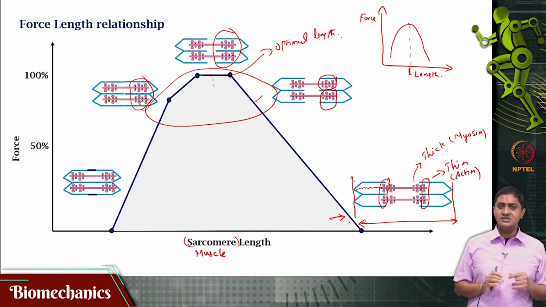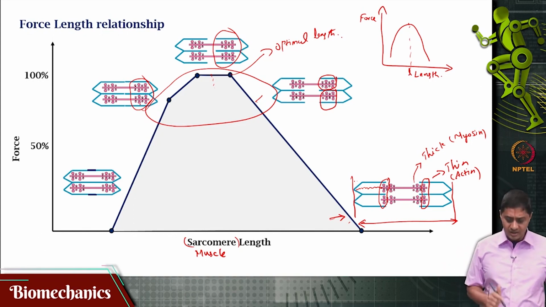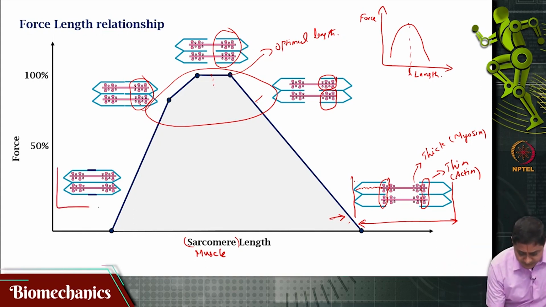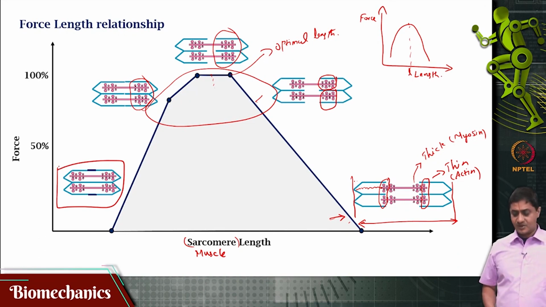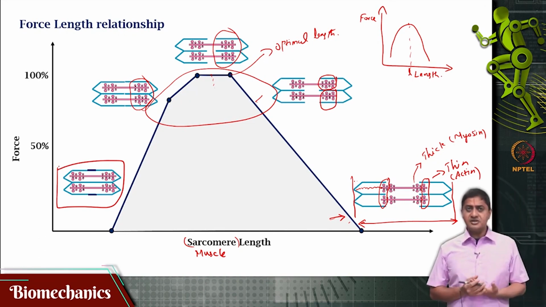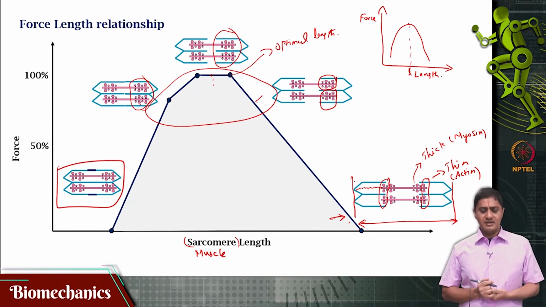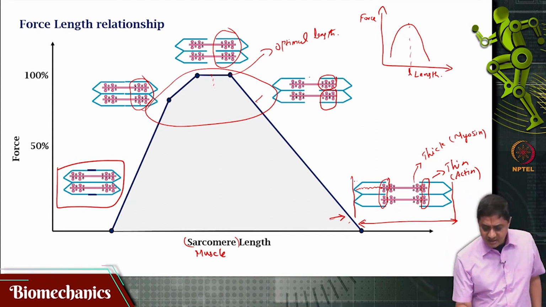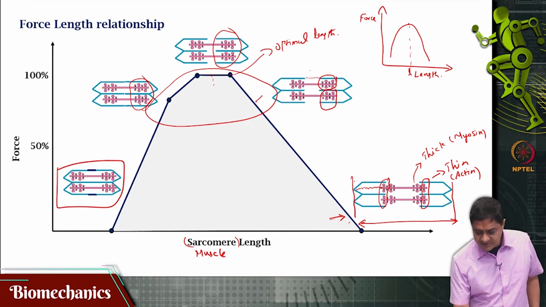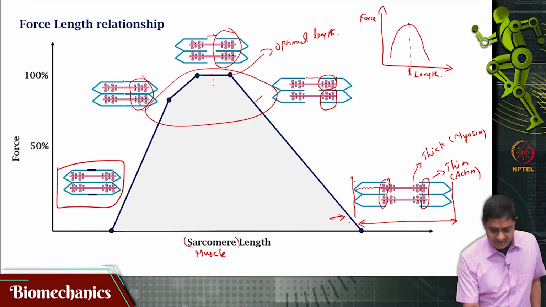However, the question is, why is the force small at this point? Here there is still a large amount of overlap between the myosin heads and actin binding sites. Why is the force small? Because it turns out, as you can see, actin keeps coming closer and closer as the muscle length reduces.